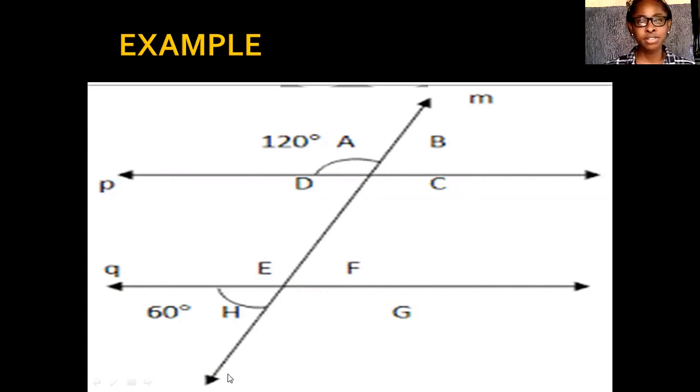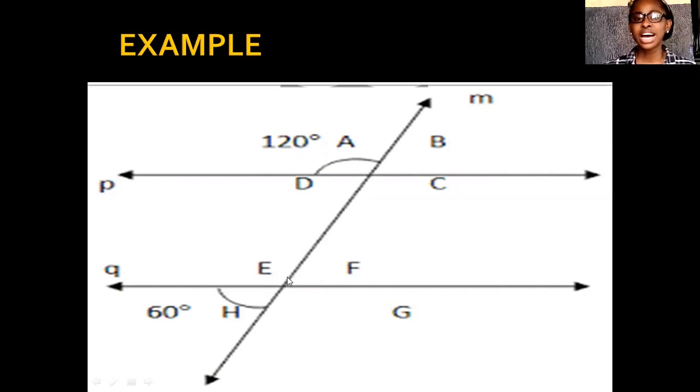This is the transversal line that crosses the parallel lines, and the angles that lie side by side at the intersections are called corresponding angles, and they are equal.